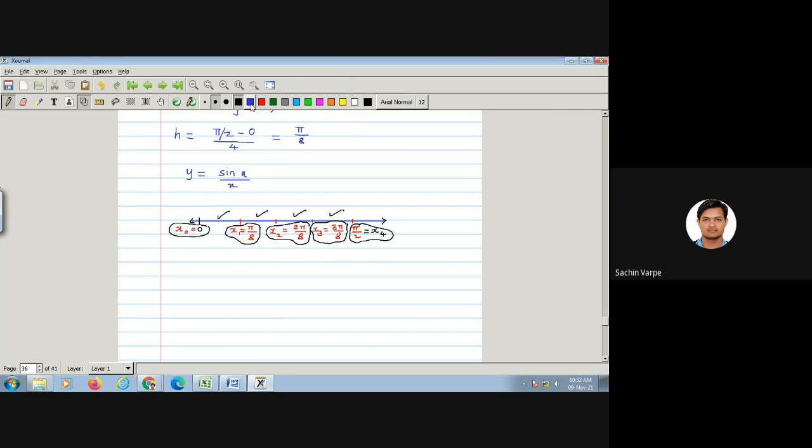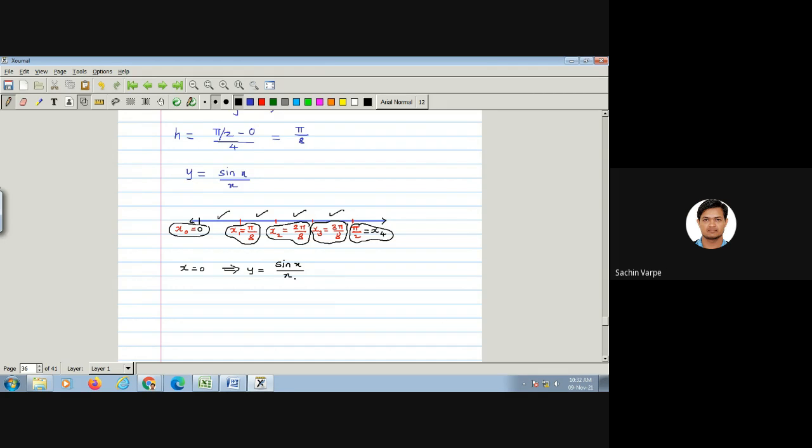We prepare a table. For x equal to 0, what will be my y? Y is sin x upon x.